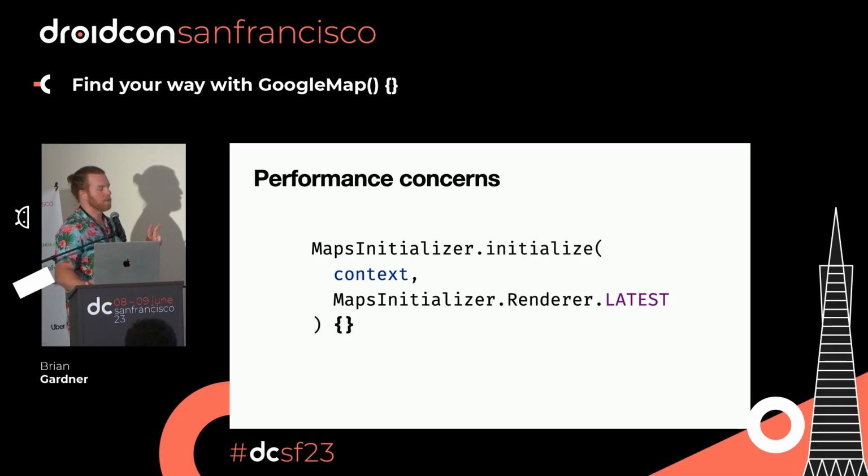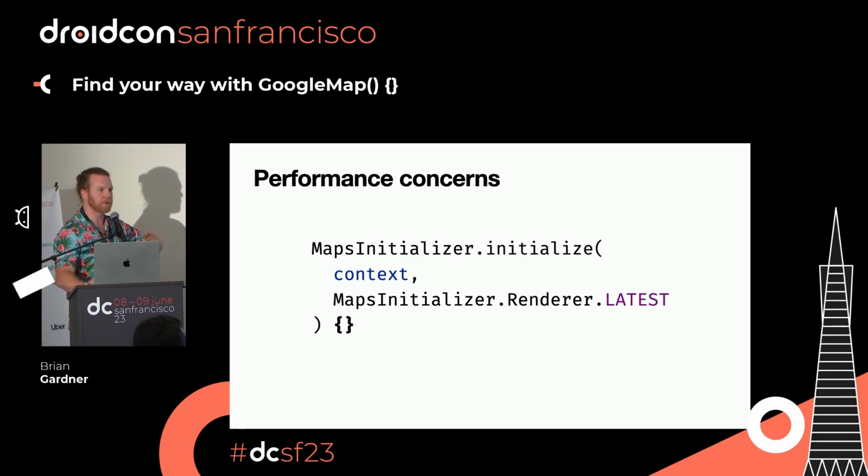Funky thing number 2 about this is that even when you call initialize with the latest renderer, the first time the user loads the map, it's not guaranteed to use the latest renderer. The reason is that when you specify you want the latest renderer, Play Services needs to download it. It's not something that exists inside of Play Services by default.